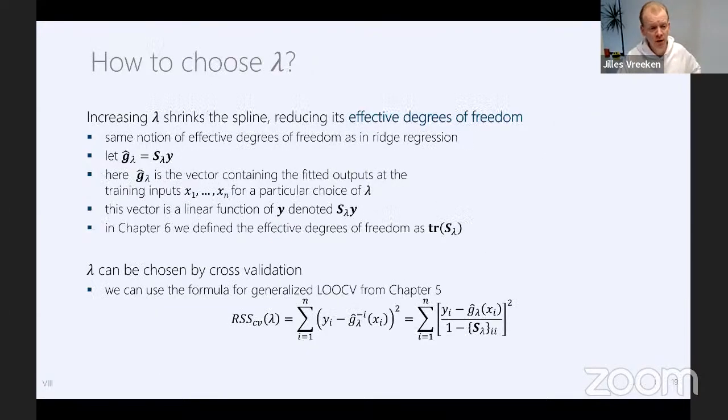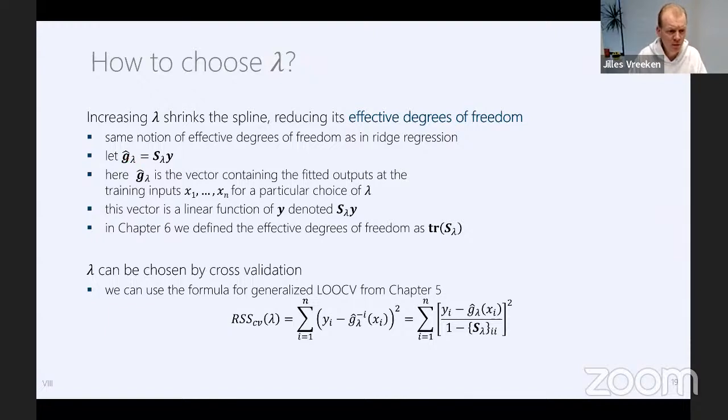So how do we choose lambda right? Lambda is the amount of shrinkage to the spline. We're effectively reducing the degrees of freedom, how wiggly it can be. So now, how can we determine the wiggliness? Let g be the function. We're going to estimate g for a particular value of lambda.